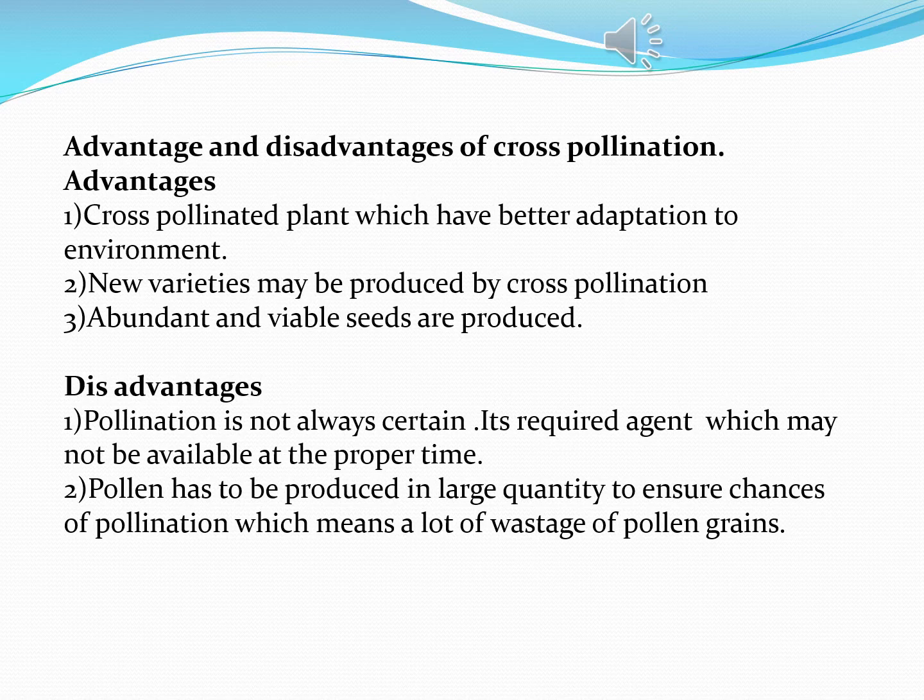Second point, pollen has to be produced in large quantity. To ensure pollination, the pollen grains should be produced in large quantity, so there is a chance of a lot of wastage of pollen grains. So these are the disadvantages of cross pollination.